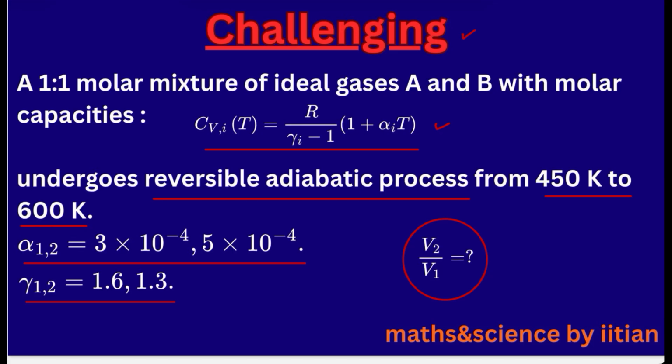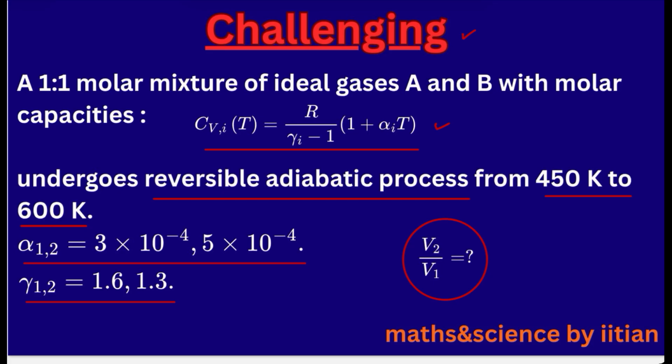Even though the question looks simple, it's not that simple. We have to find out the behavior of the process, and from the behavior we have to understand the entropy integration. From the entropy integration we have to put in the values, and then see how the mixture behaves. It's not a single gas, it is a mixture of gases.